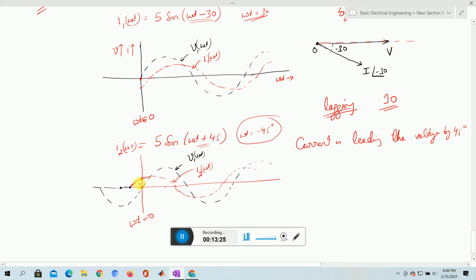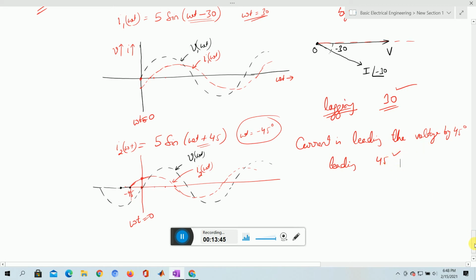The current is leading the voltage because this value is minus 45, and the current is leading the voltage by an angle of 45 degrees. So when I say lagging and write 30, both are correct, and when I say leading and write 45 degrees, it is correct.